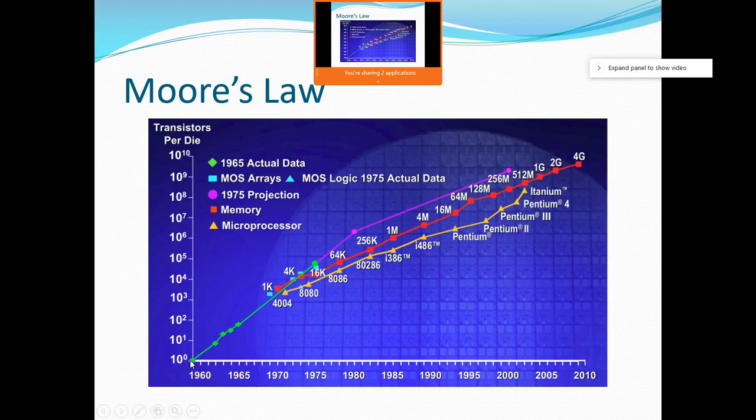You can see the number of transistors is only one, that is the IC version, and this is the year axis. Now you can see this is actually 2010. The number of transistors per die is a standard dimension. Per die you have 10 to the power of 10 transistors at the end of 2010.